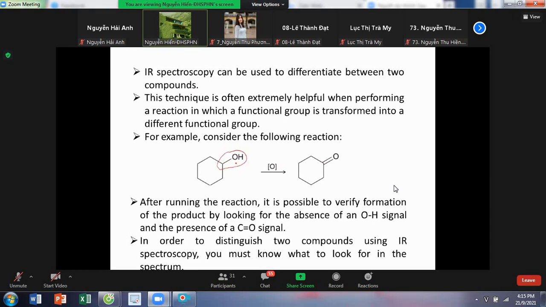You may notice that the broad signal for OH at 3600 to 3200 has disappeared, and instead you see a new signal at 1700, ketone. So you know that the reaction has been completed and it is successful because you see the desired product. That is the infrared spectrum application in this case.